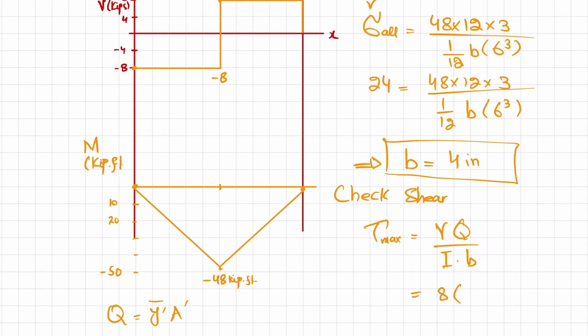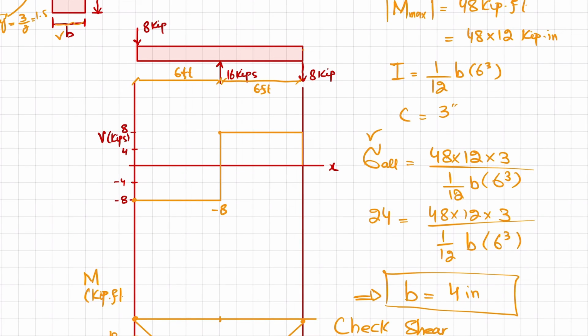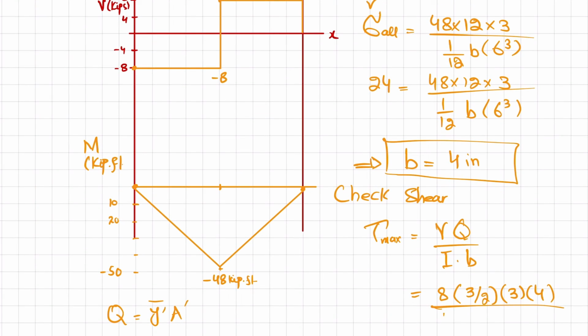So I will write it directly over here. Y dash is 3 divided by 2, which is 1.5, into area, which was 3 into 4, divided by I. If you put the value of I with B as 4, you will get 1 over 12 into 4 into 6 cube, into 4.